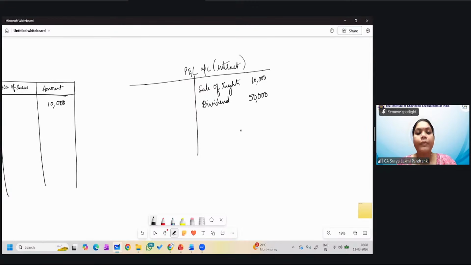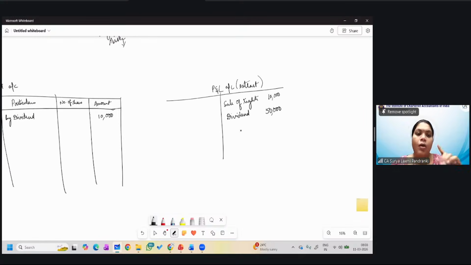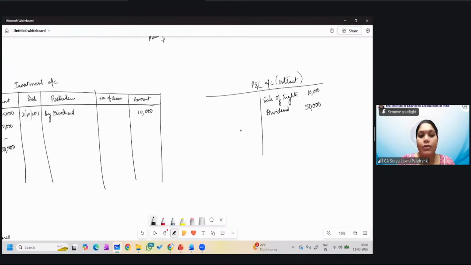Is this clear, everyone? I wrote dividend in two different places: one in the investment account and the other in the P&L statement. In the P&L statement, I took the dividend on the number of shares that you already had. The purchase that I made later, on that dividend I have adjusted in my investment account.